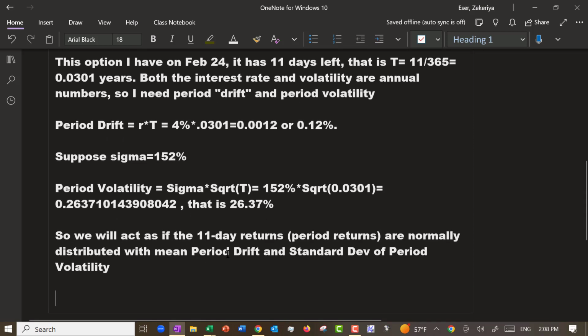So let's find out for 7.5, basically how many standard deviations is that above the current price, $5.90.